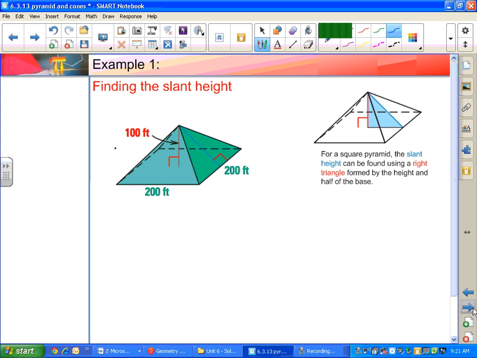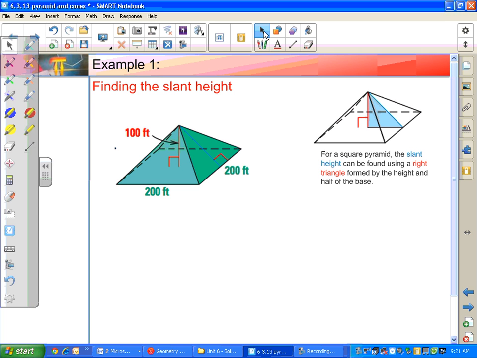So let's do an example where we have to find the slant height. So remember, anytime we have 90-degree angles, we're going to be creating right triangles, which is good. So let's look at this picture over here for a second on the right. If we want to find the slant height, it kind of helps to visualize this little triangle in here. I think this is a good little sketch.